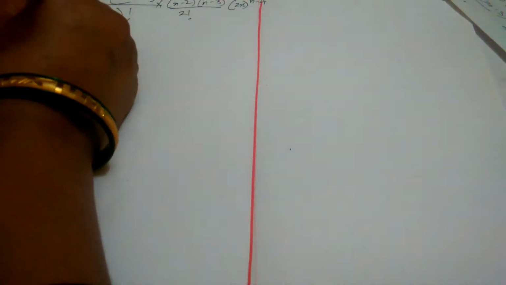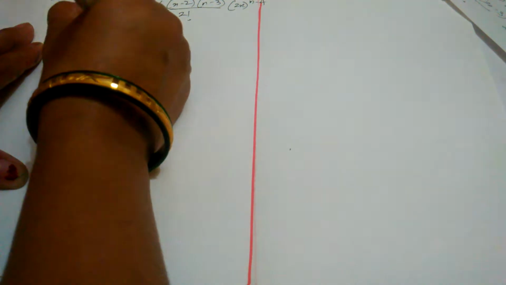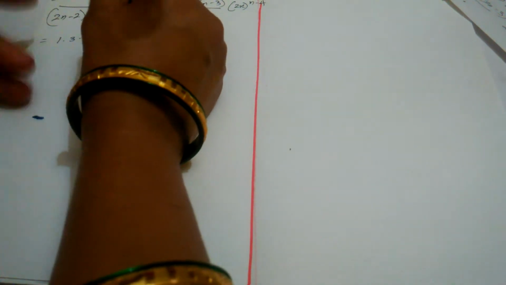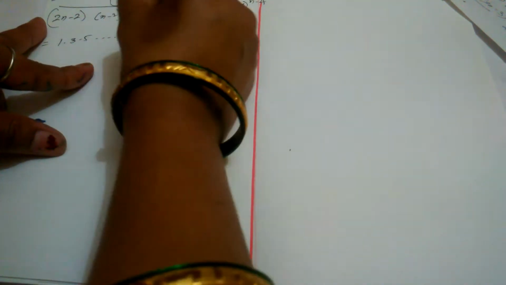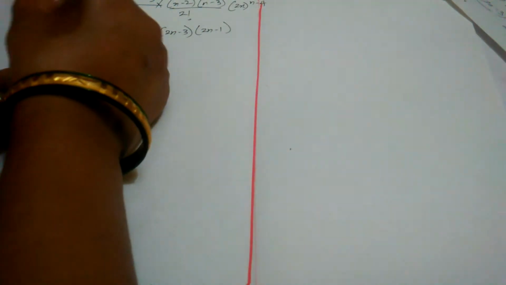Okay, so further I'll get it as 1 into 3 into 5, further higher powers 2n minus 5 into 2n minus 3 into 2n minus 1. Further multiplications are there, okay?